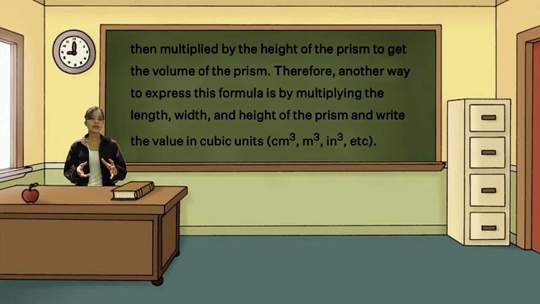This area is then multiplied by the height of the prism to get the volume of the prism. Therefore, another way to express this formula is by multiplying the length, the width, and the height of the prism and writing the value in cubic units, for example centimeter cube, meter cube, inches cube, and so forth.